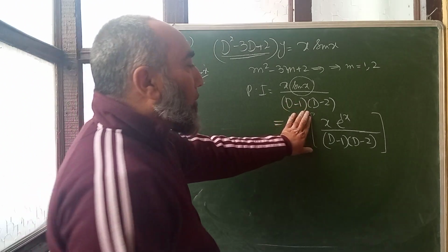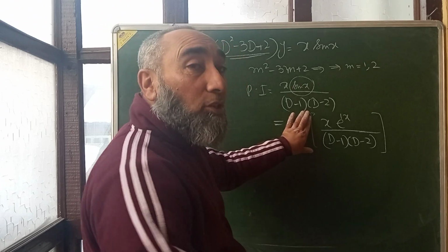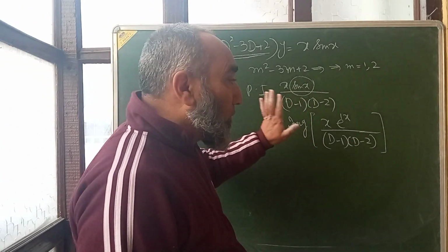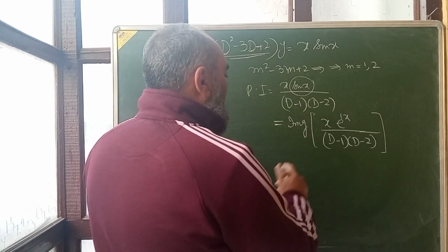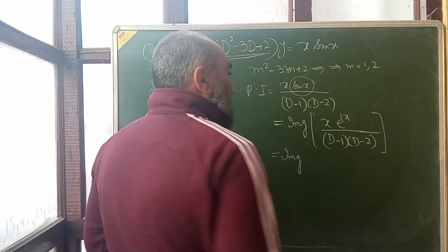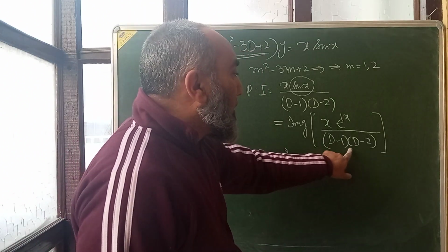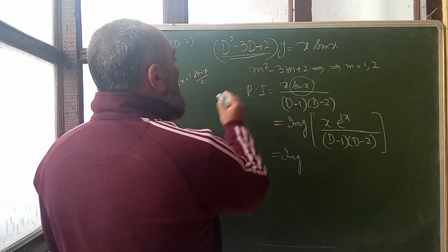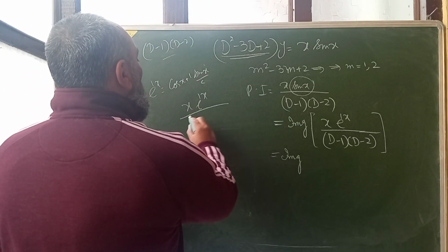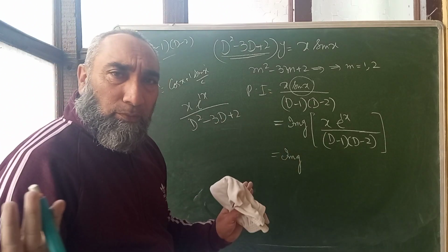Leave this imaginary part. You have now this question. x e to the power ax means e to the power ax into some function v, where v is a polynomial. So, this is the imaginary part of... You need not write this question in this form, (D minus 1)(D minus 2). You can put it in this form also: x e to the power ix upon D squared minus 3D plus 2. Doesn't matter.